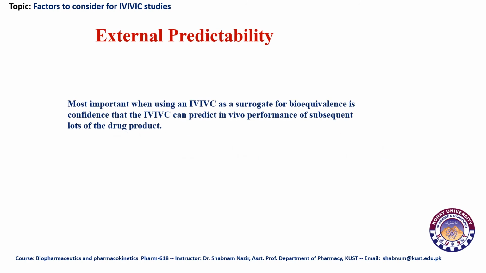As far as external predictability is concerned, it is not necessarily limited to only the products which are under study, but it could be externalized to a range of products, to subsequent lots of drug products. So that is what you call external predictability.